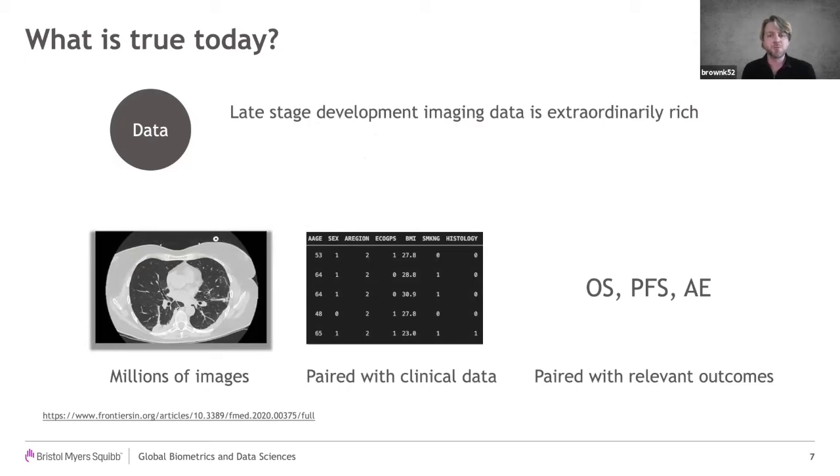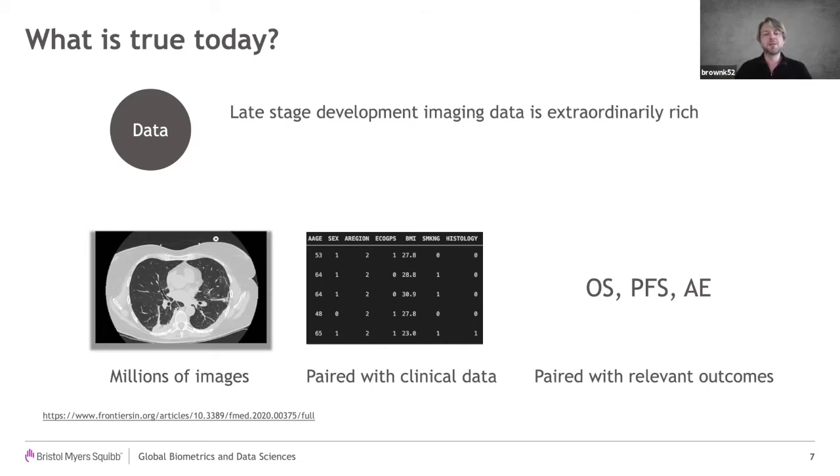And those get paired with relevant outcomes that are outside the realm of something you can get from a data set like ImageNet or any of the many other off-the-shelf academic data sets. In this case, we can pair it with OS, as we call it, or overall survival; PFS, progression-free survival, how long a patient in rough terms survived without their tumors growing in certain ways or new tumors appearing in solid state tumors; or AEs, adverse events. And it's this pairing that takes us from computer vision into the realm of multimodal data.